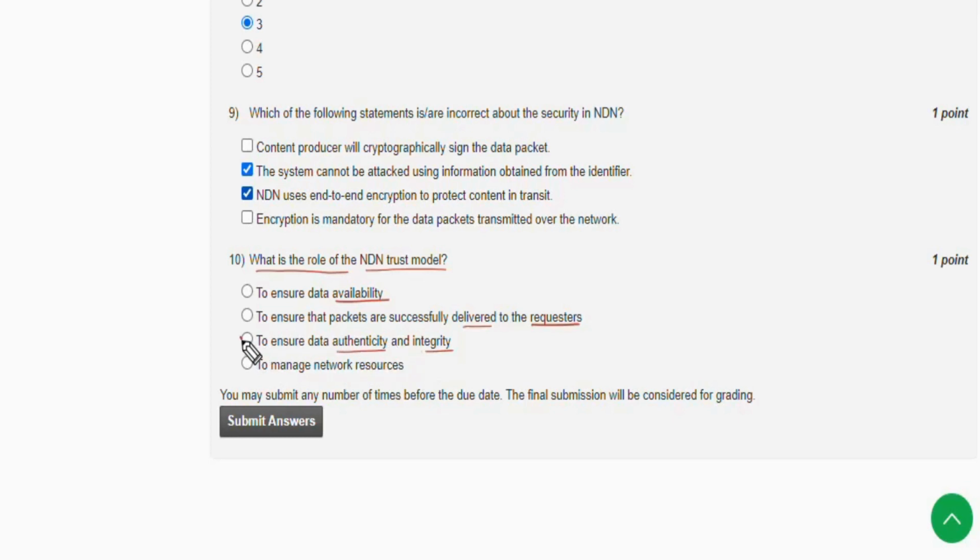And the answer will be this one, to ensure data authenticity and integrity. Okay, so I select this one.